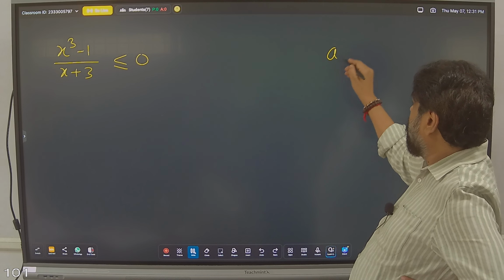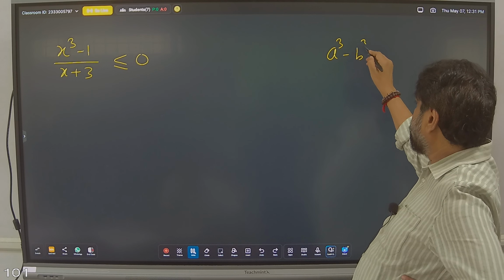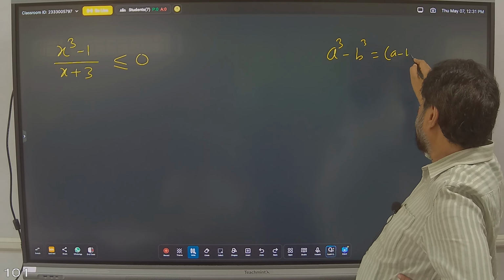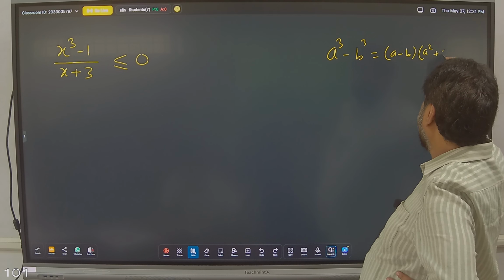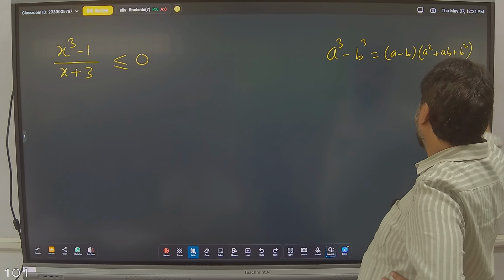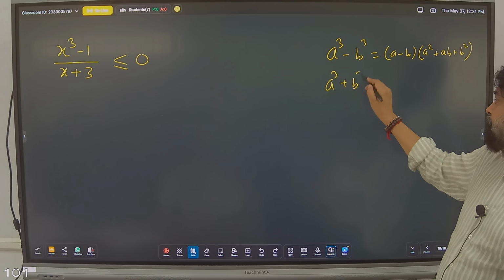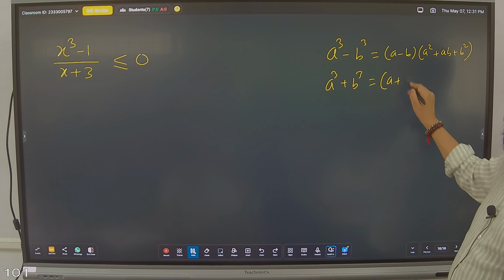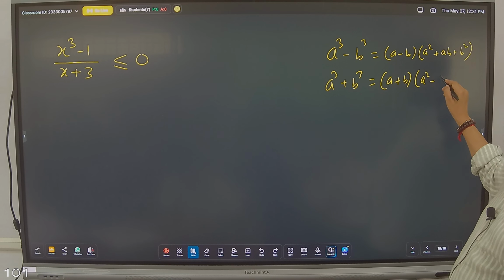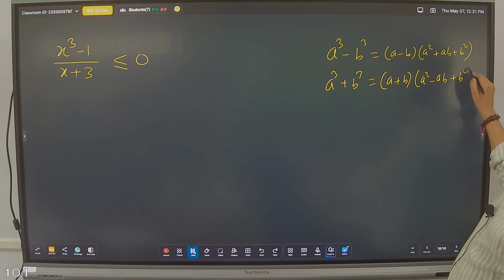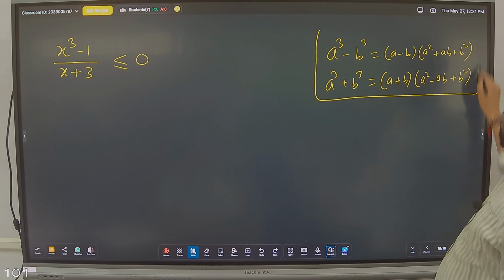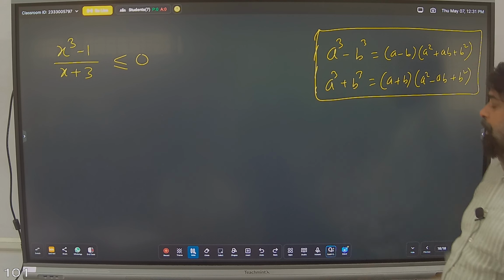First thing, what is the formula? A cube minus B cube. A cube plus B cube. Those who forgot this formula, please write it in your copy and remember every time.